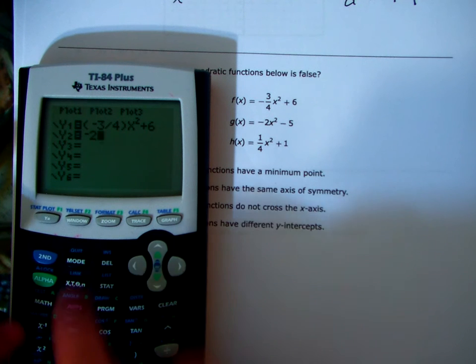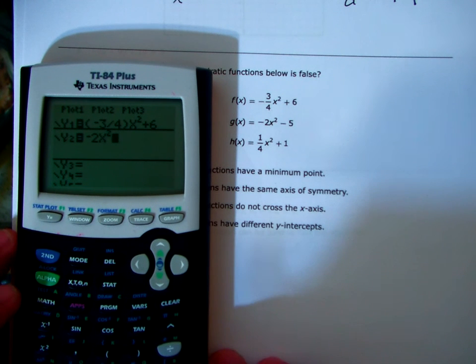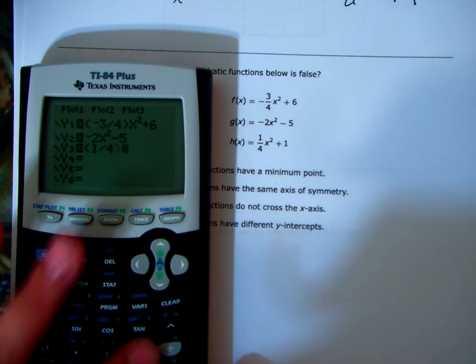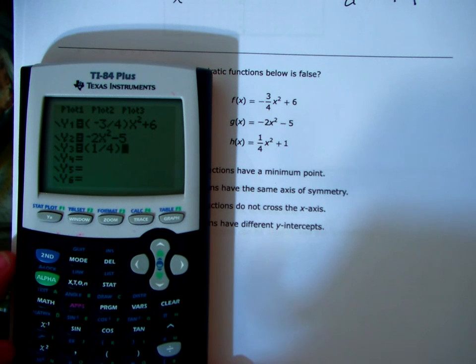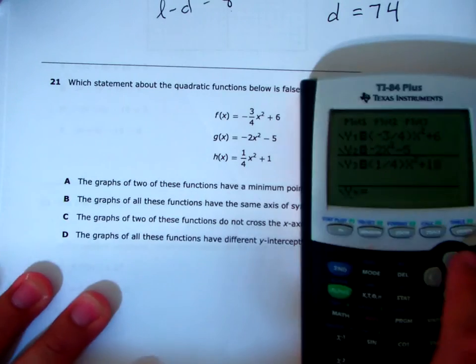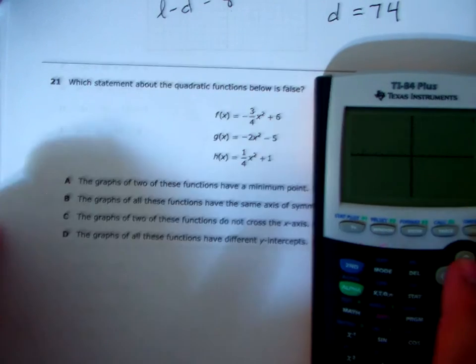Negative 2x squared. What else, y'all? Minus 5. And then, open parentheses, 1 divided by 4. Right? And then what else? X squared. Plus what? 1. You see that? So let's plug them in there. Let's hit graph.